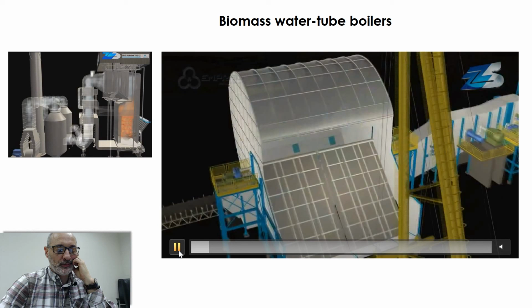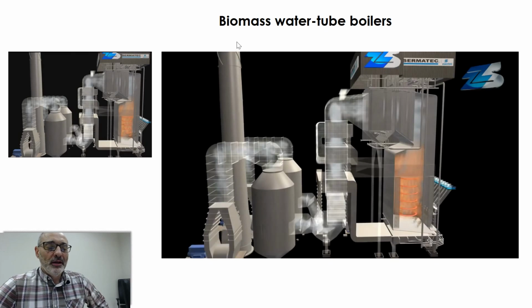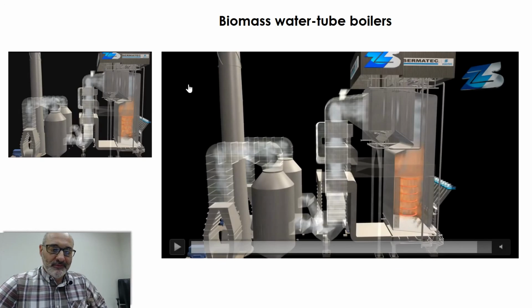So the remaining hot gases may be used to preheat the air that is being sent here to burn bagasse. And this cyclone and this other equipment is for separation of solid particles and so on, so that the smoke here does not contain an excess of this type of material.